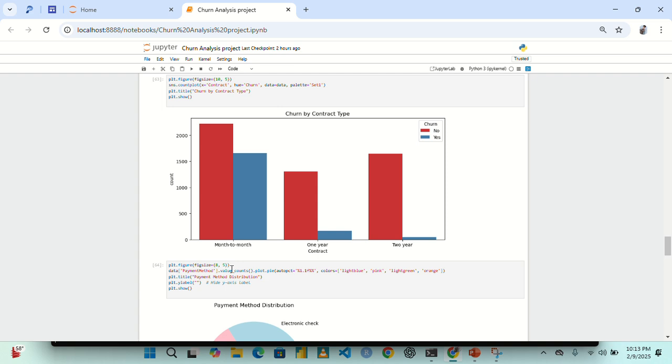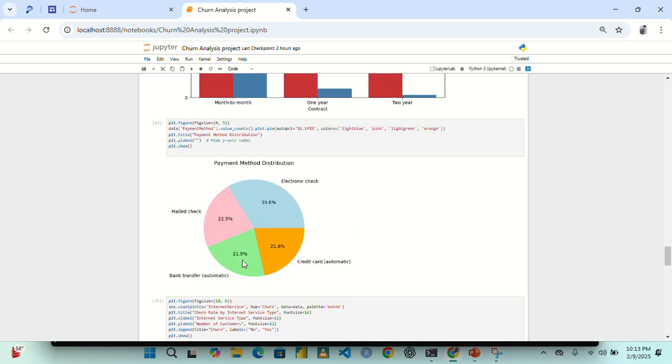When I talk about the 1 year contract, there is less amount also in no. When I see the 2 year, there is some less amount of churn. But the highest churn is with the month to month contract and a very small amount of churn in the 2 year contract. After that, I have to check the payment method distribution.